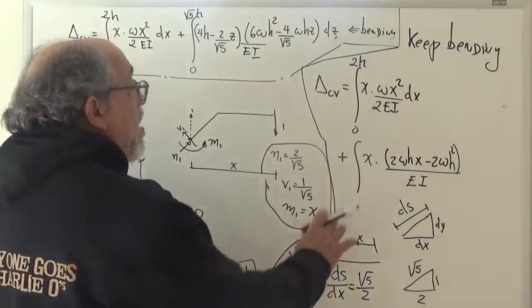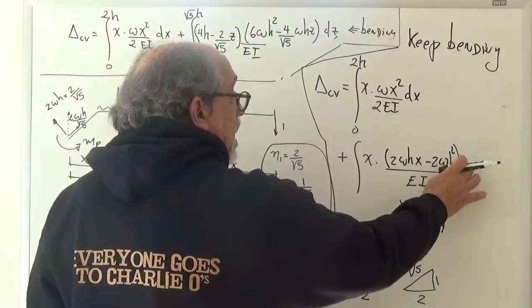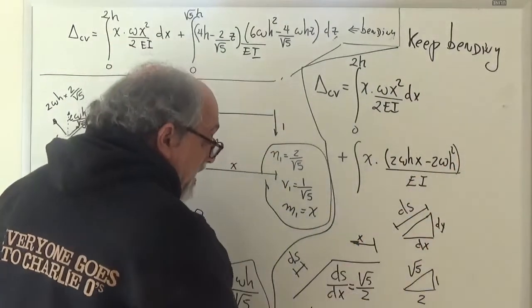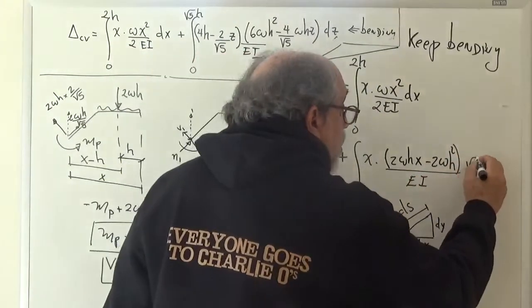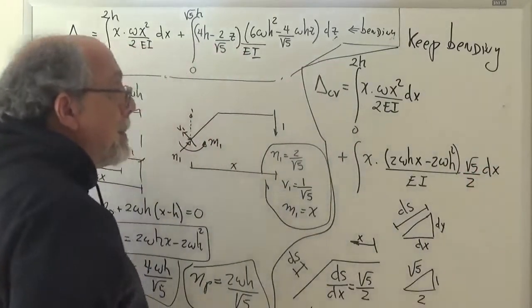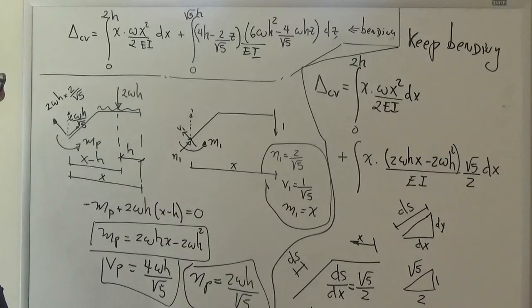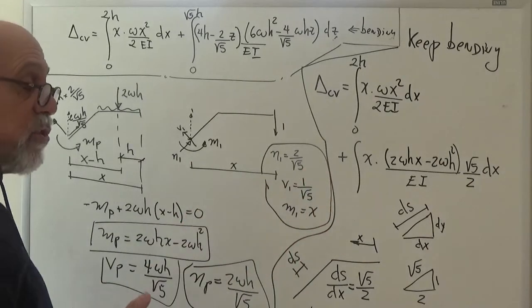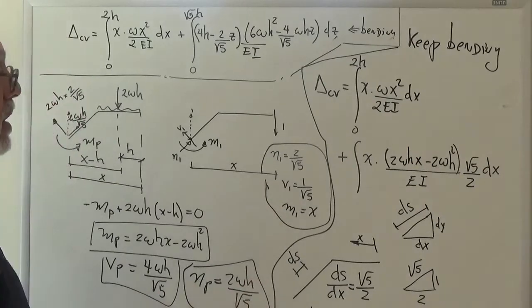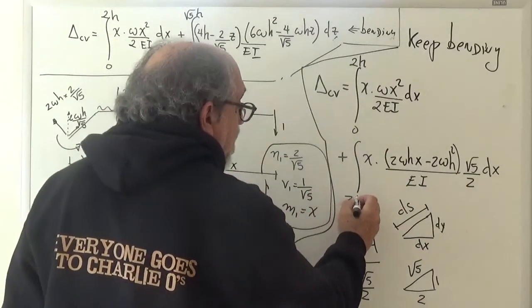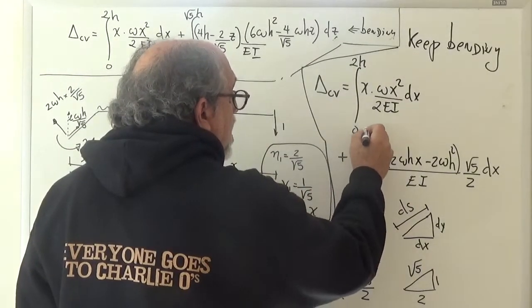So what goes here in this integral is not dx, is ds. And what is ds? Square root of 5 divided by 2 dx. That's it. That's the thing you have to keep in mind if you're integrating and your coordinate is not really in the direction of the bar. Now, what are the limits in this case? We're integrating in x, and for this bar to be covered, we have to start at 2h and we have to finish at 4h.